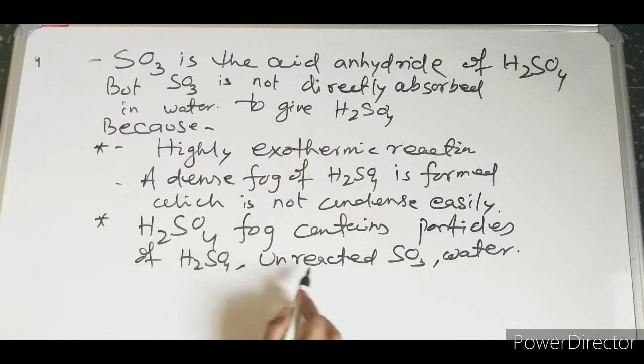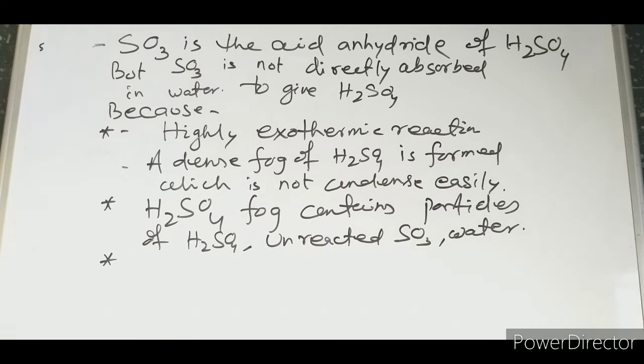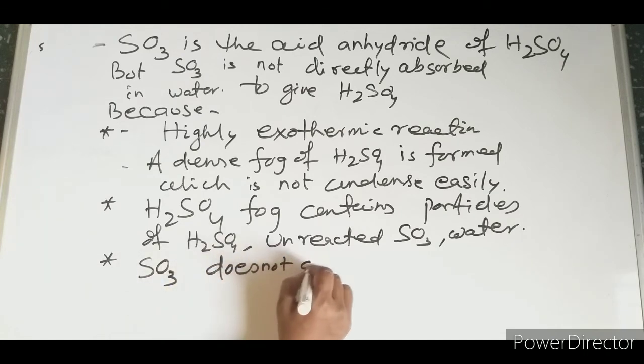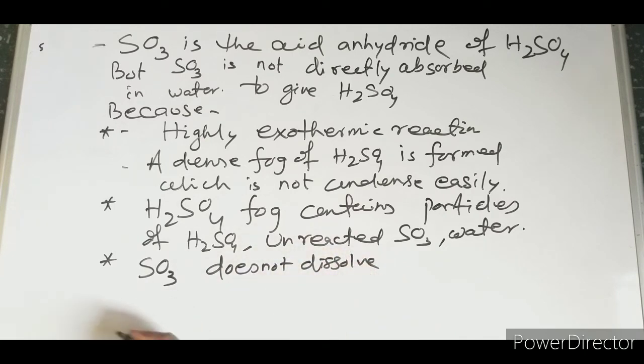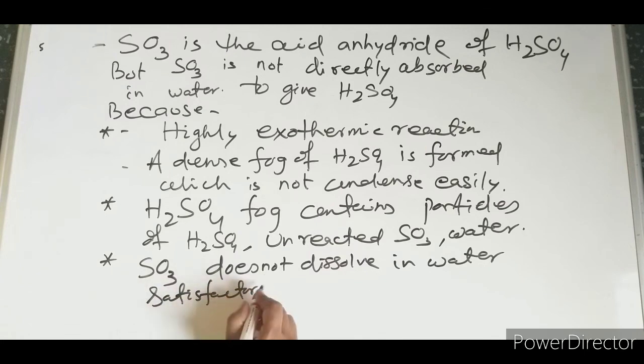Along with that, when it is made steam, unreacted sulfur trioxide particles will be there along with water. Whatever mist is produced prevents dissolving in water. Also, sulfur trioxide does not dissolve in water satisfactorily. So it produces a lot of heat and forms mist droplets of H2SO4, difficult to condense. That is why this process is not used.